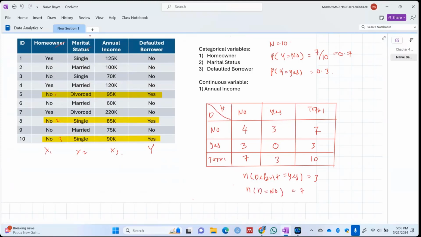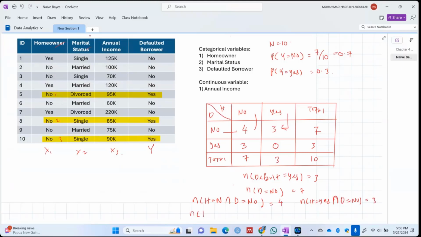And homeowner equal to no, intersect with default equal to no. How much? Homeowner equal to no, default also equal to no, equal to 4, right? Homeowner equal to yes, intersect with default equal to no, should be 3, right?